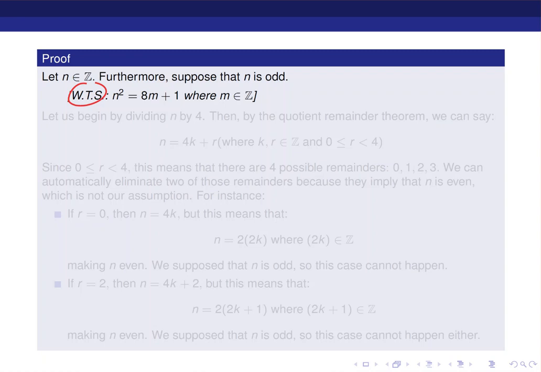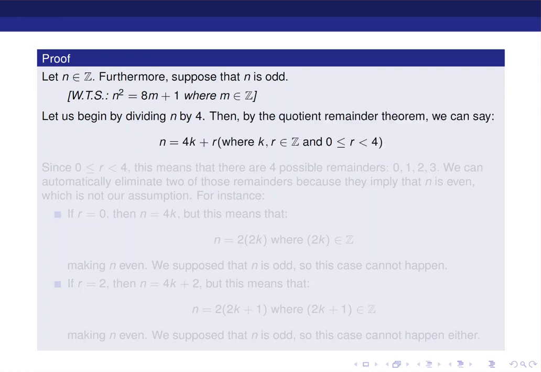It turns out that the trick here is to divide the original number by 4. Because you're dividing by 4, the quotient remainder theorem says you're going to end up with some quotient, in this case I'm calling that quotient k, and some remainder that I'm calling r. Keep in mind that r is a special number that is between 0 and 4.